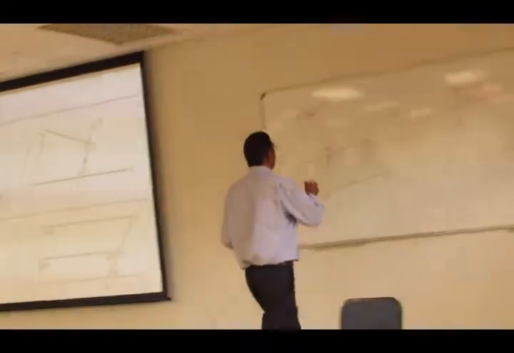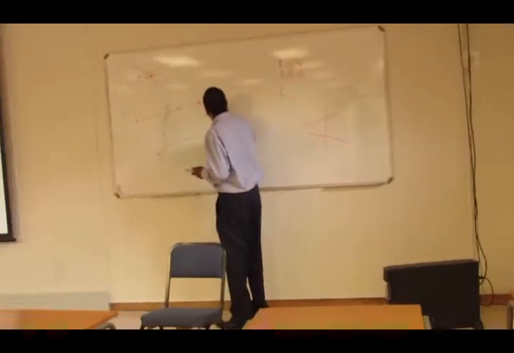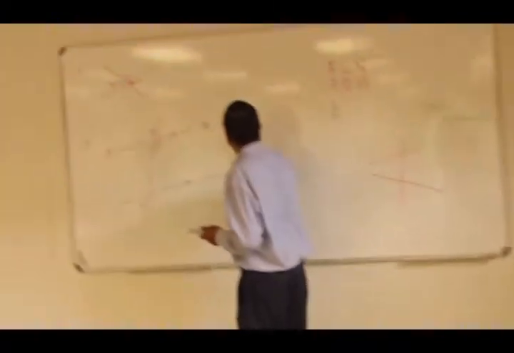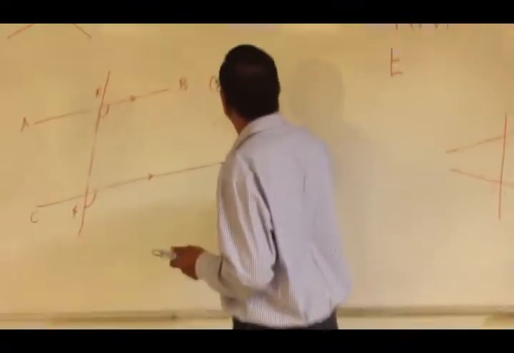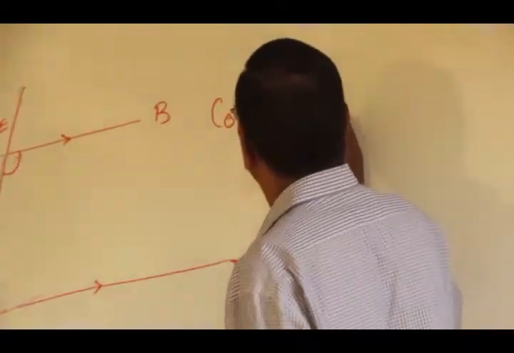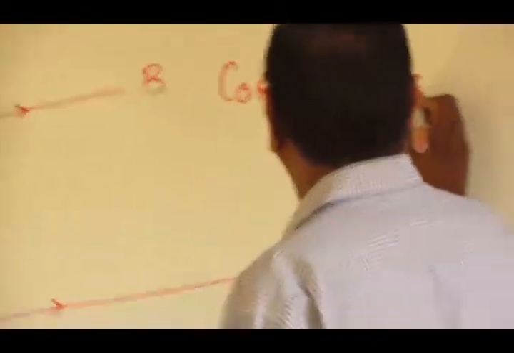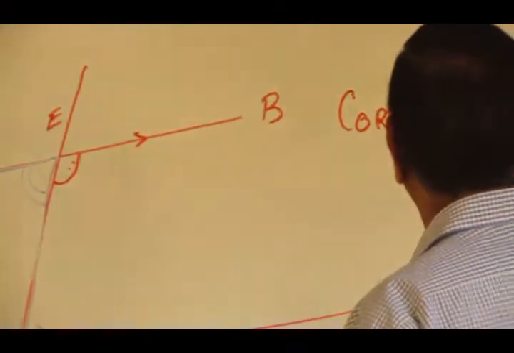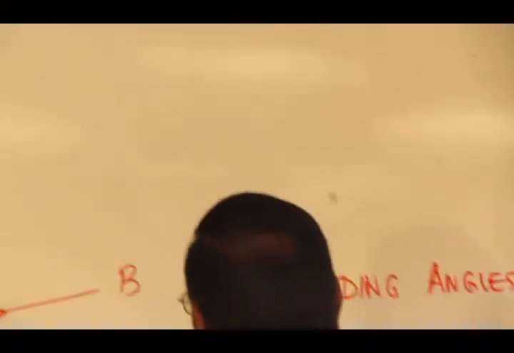Now, I'm not writing these things, maybe I should just write it so you will see it as well. The first I said was corresponding angles. Second I said was, well, I write the co-interior because of the fun, right? They call co-interior angles.